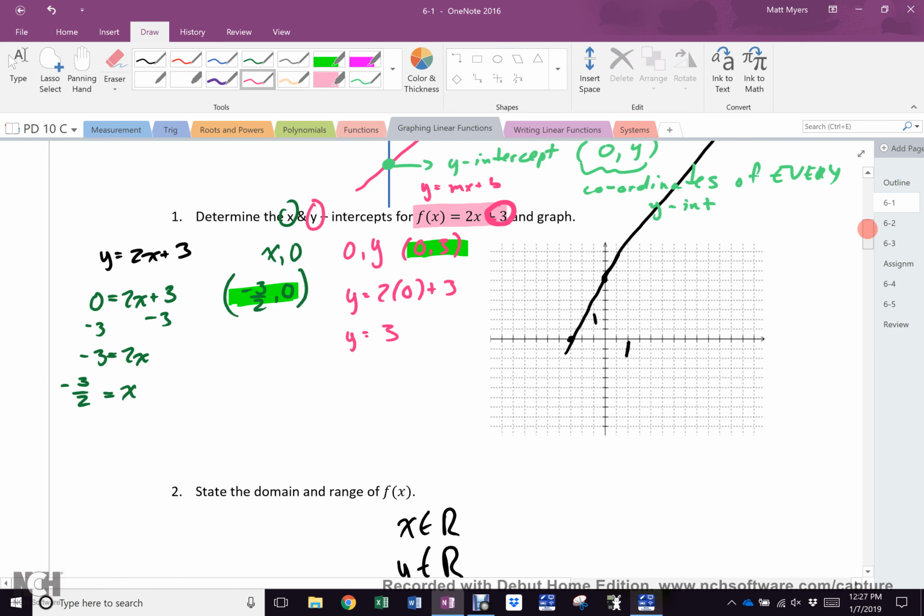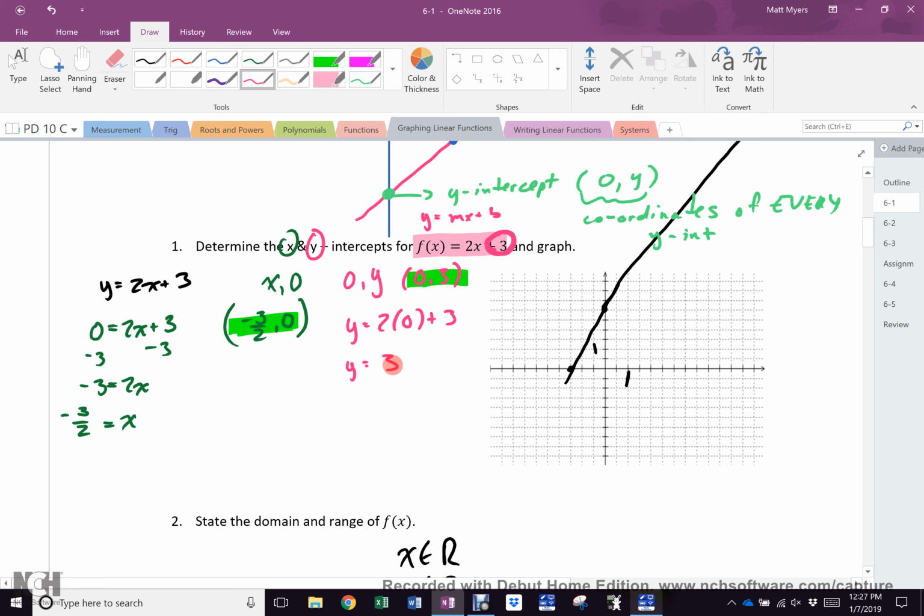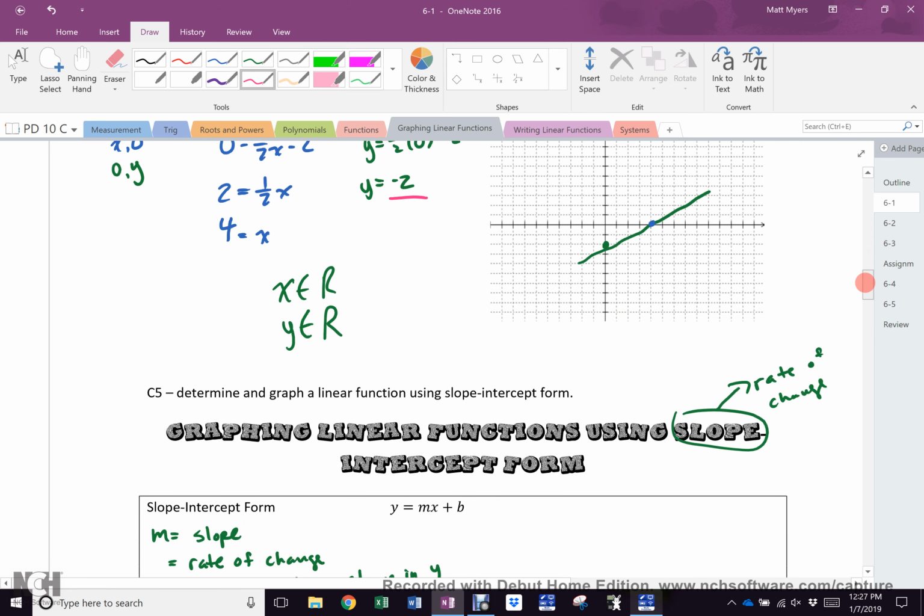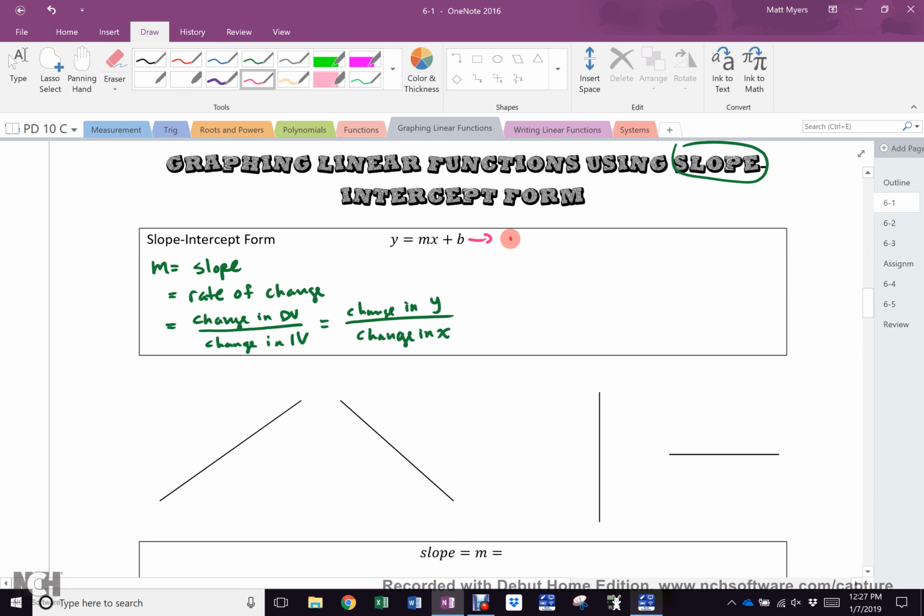Yes, I know that's what you said. +3, +3. This number is the y-intercept automatically. And of course, it's easy to see why it is the y-intercept, isn't it? Because at the y-intercept, x is 0, and that 0 would go in for x, which would eliminate the whole term, leaving you with just that number. Is everybody cool?